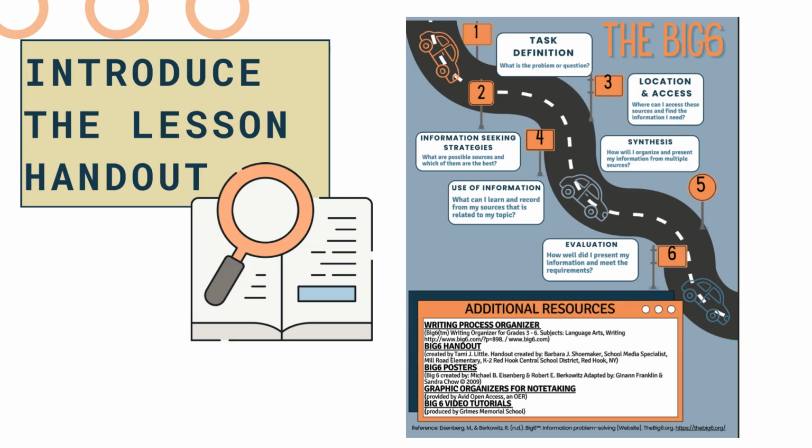And then I've also included some Big 6 video tutorials created by some students in third grade at Grimes Memorial School. There is information about each step of the Big 6 as well as a student explaining the step and how they applied it to their own research project. So I hope this is helpful to you as you are navigating your upcoming research project.